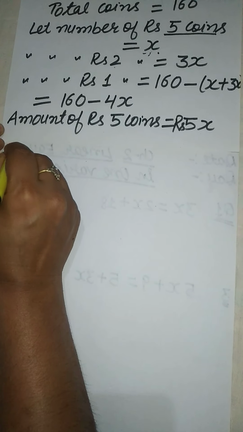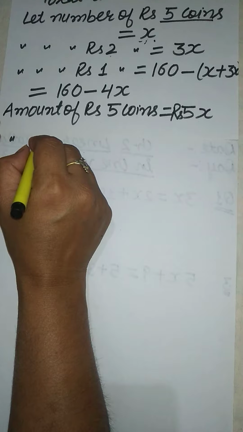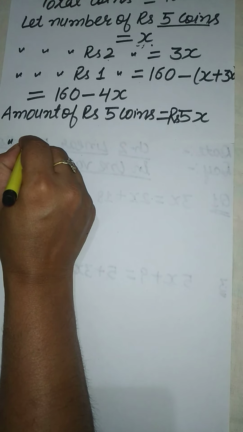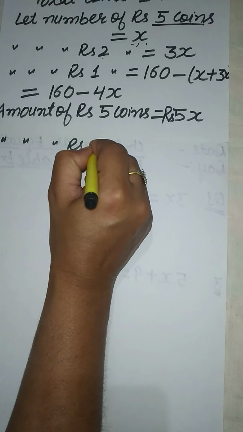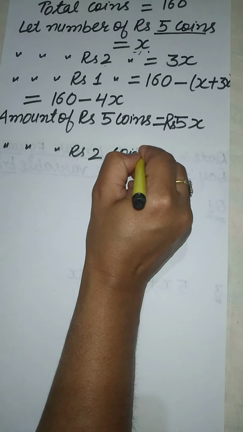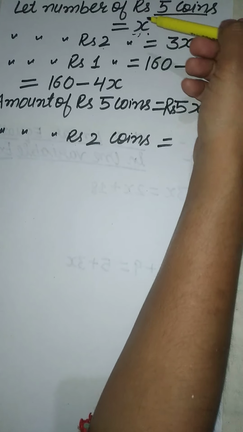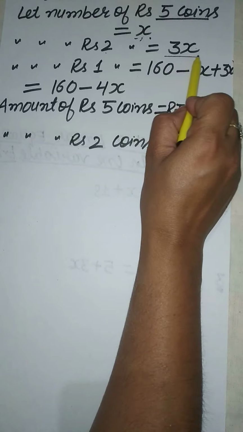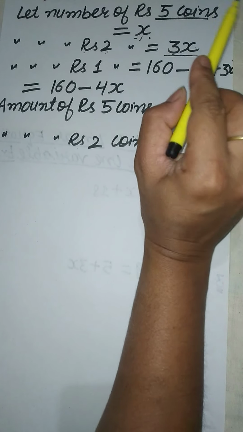Now rupees 2 coins. The amount of rupees 2 coins is equal to 2 multiplied by 3x, as I have the number of 2 coins as 3x.